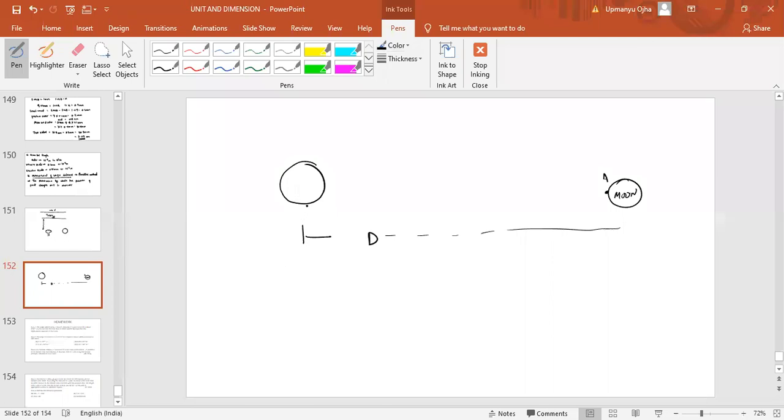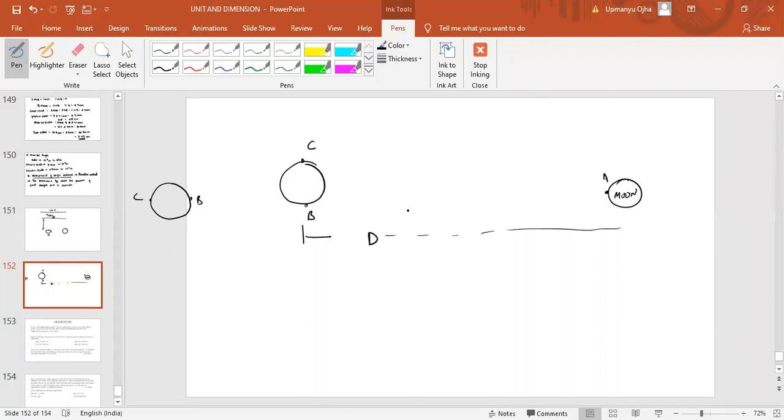First position is B, and another position is C. Now this B and C are exactly opposite to each other, which means you are on the Earth at exactly diametrically opposite points. So B and C are diametrically opposite points.